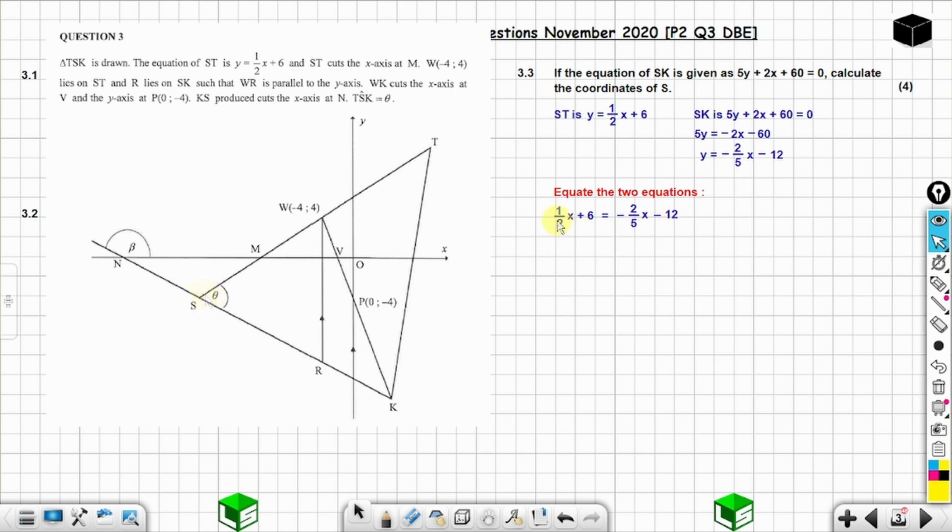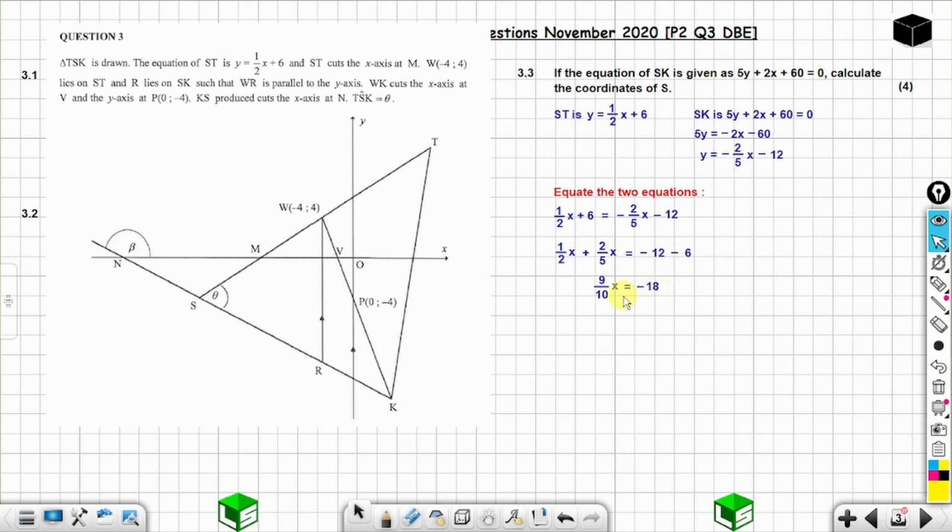Now you are going to have 1/2 x. You take this to the left, plus 2/5 x, is equal to -12. You take this to the right, -6. You are going to have 9/10 x is equal to -18.